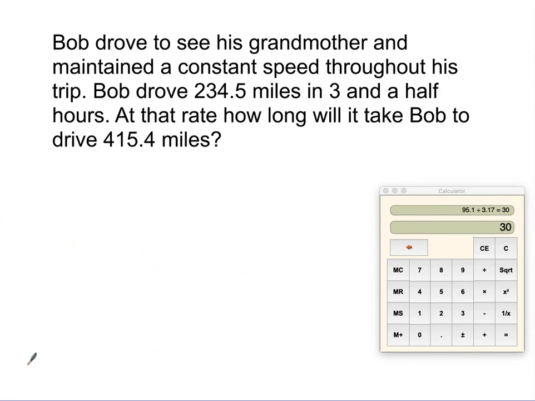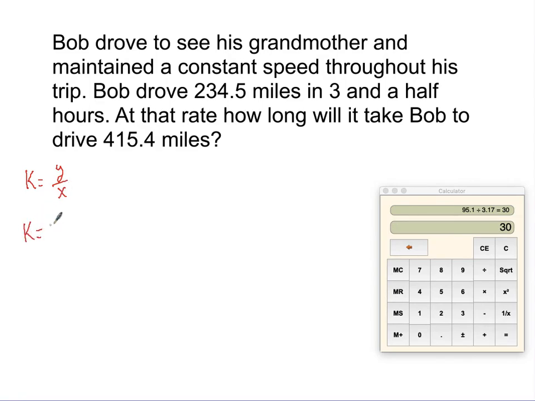All right, last one. Bob drove to see his grandmother and maintained a constant speed throughout his trip. Bob drove 234.5 miles in 3.5 hours. At that rate, how long will it take Bob to drive 415.4 miles? So K equals Y over X. This time I don't have money, so I don't know what goes on top, but I do have time, 3.5 hours. And I know rule number 2, time goes on bottom.